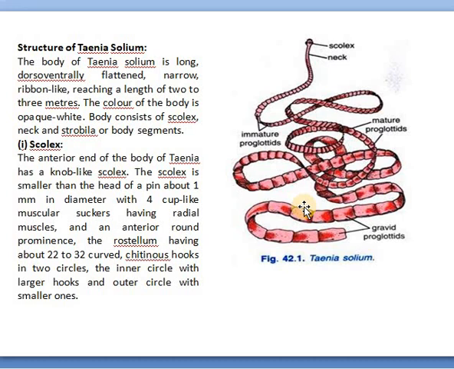The anterior end of the body of Taenia has a knob-like scolex. The scolex is smaller than the head of a pin, about 1 mm in diameter, with 4 cup-like muscular suckers having radial muscles and an anterior round prominent rostrum having 22 to 32 curved chitinous hooks in 2 circles.